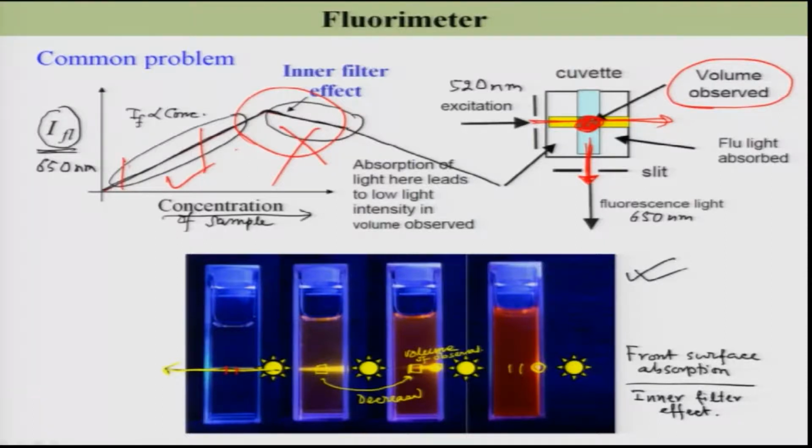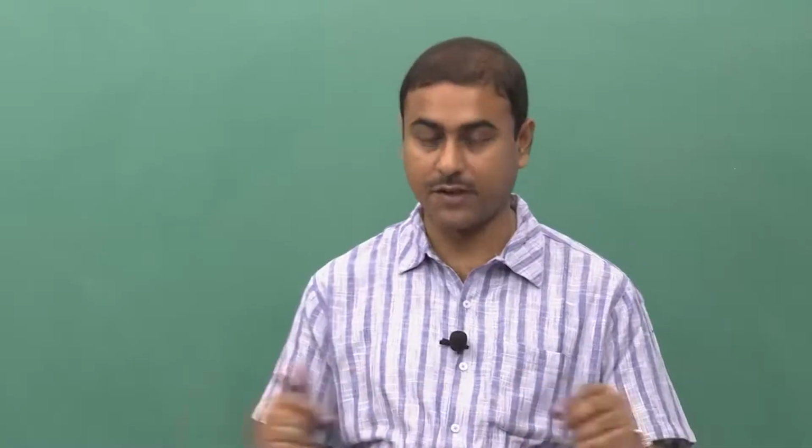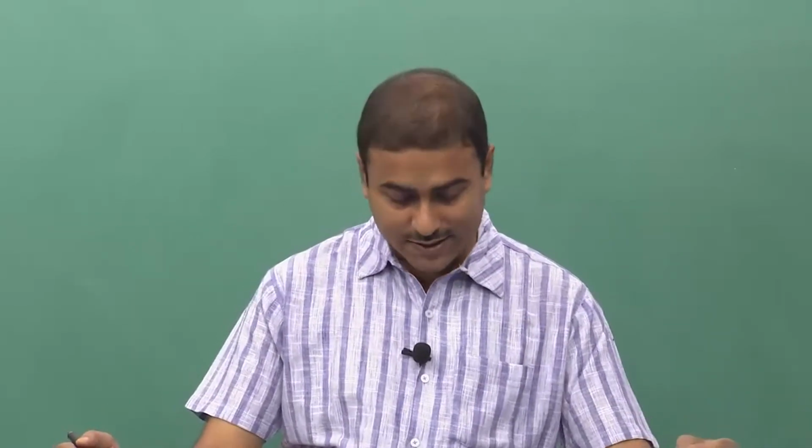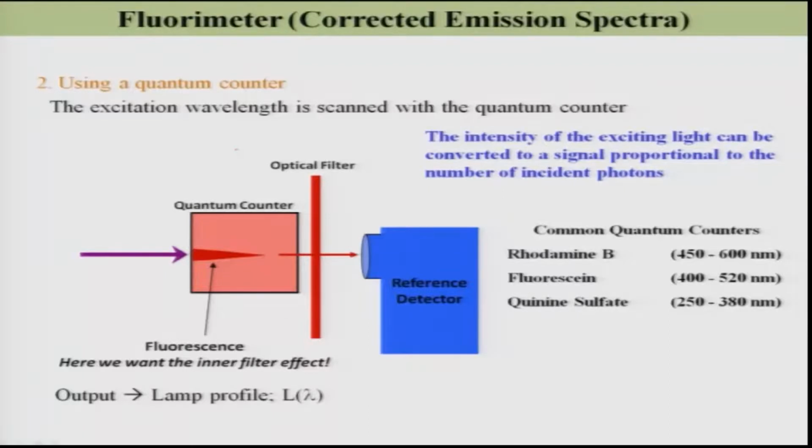Okay. So, having this idea, let me show you that quantum counter, how to get the correct emission spectrum. In this case, we are going to use a sample of my choice, and the concentration of the sample is very high.